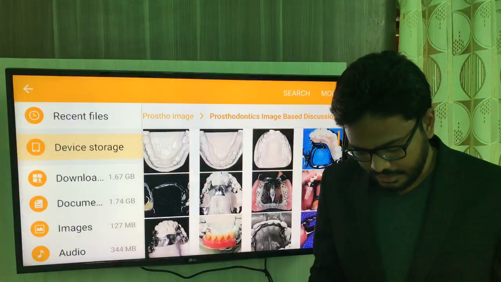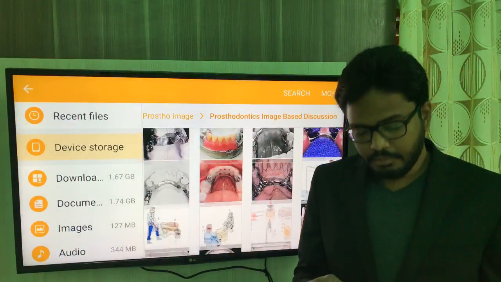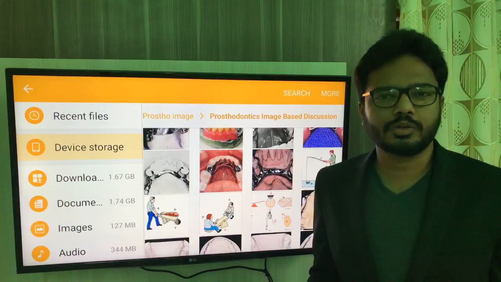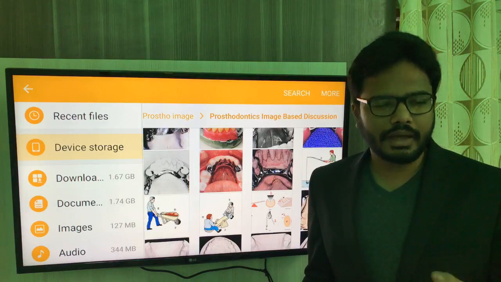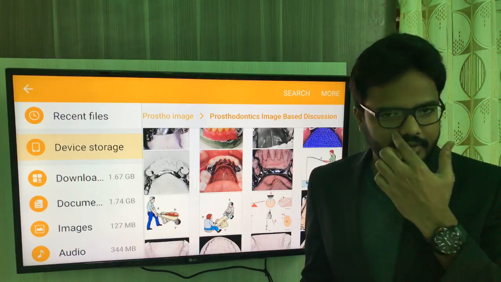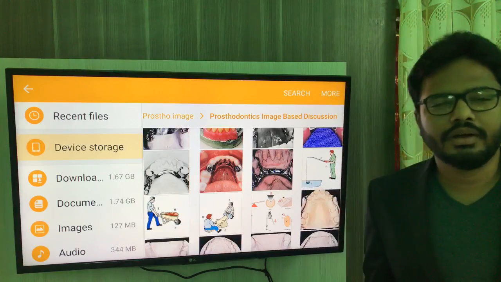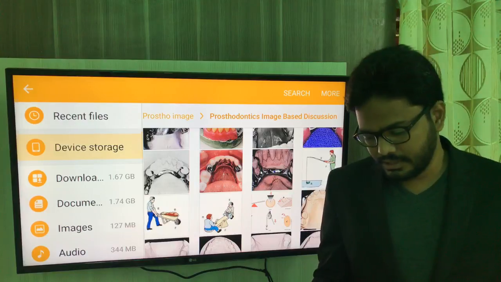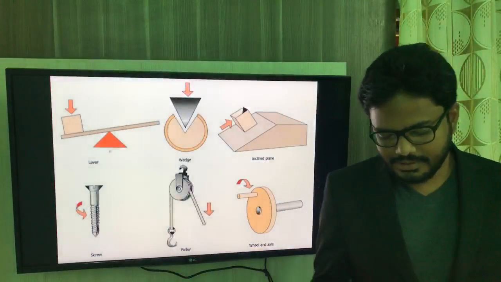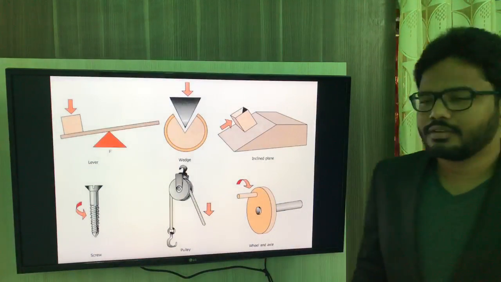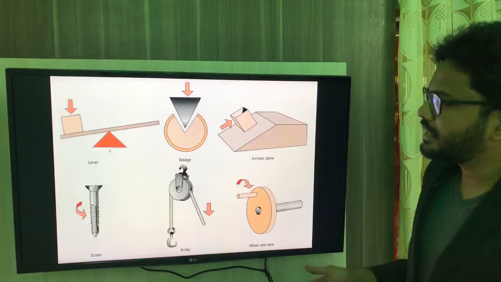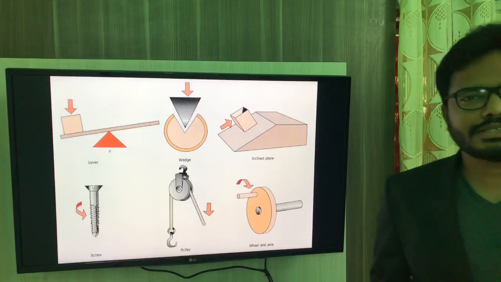So this completes our Kennedy's classification. Now let's discuss a few additional concepts pertaining to these machines and also to the fulcrum and lever. We have this confusion about which belongs to which class of lever. So we'll have a brief description of these things now. Can you identify these? This illustration represents various machines.